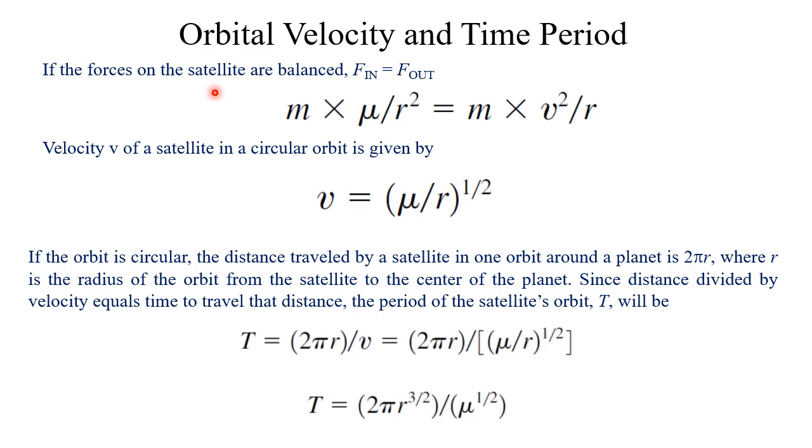So under balanced condition, when the satellite is revolving around the Earth in a circular orbit, the two forces, inward force and outward force, must be the same or equal.